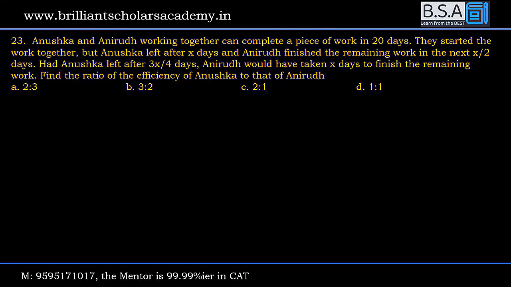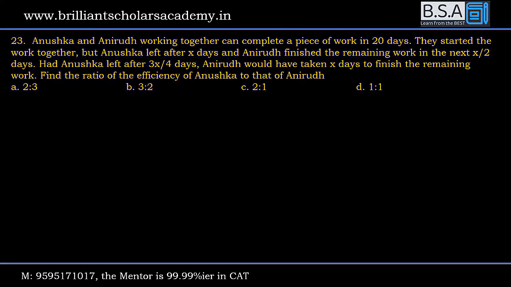Anushka and Anirudh working together can complete a piece of work in 20 days. They started working together, but Anushka left after X days. Anirudh finished the remaining work in the next X by 2 days.